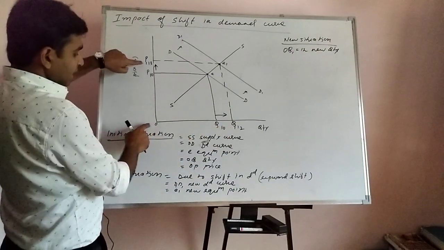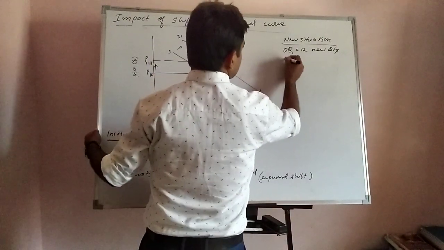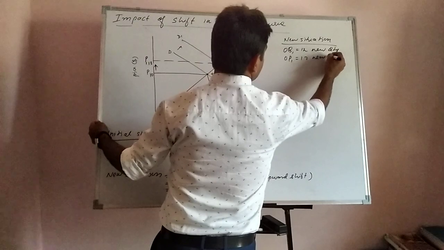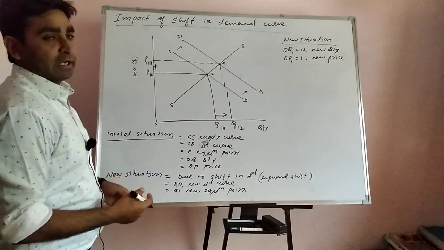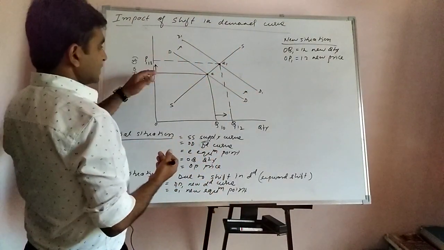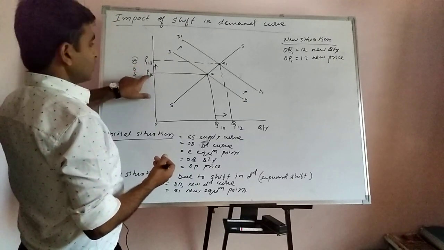What is the impact on price? The price has increased from 0P to 0P1. So 0P1 is 13, the new price. If demand shifts to the right, the immediate impact will be on the price, and the price will increase from P to P1, from 10 to 13.